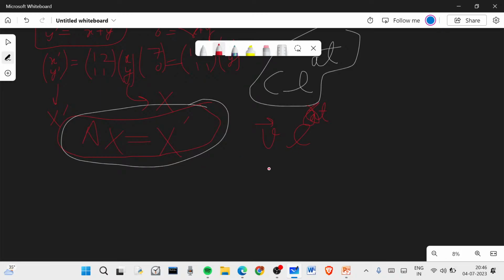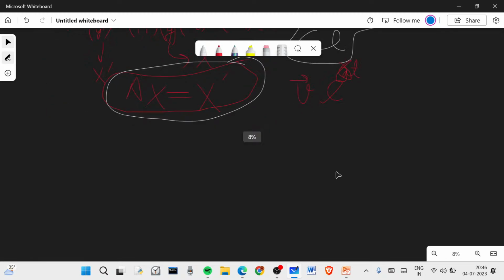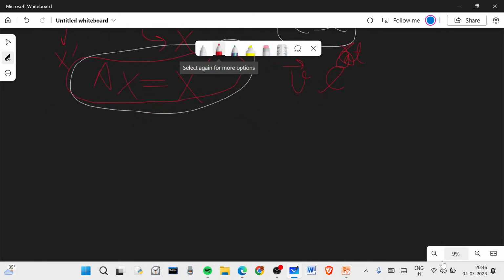What I'm trying to say is, to convince you of this, let us assume there is a vector times e to the power rt, where r is any scalar, which is a solution of this thing.